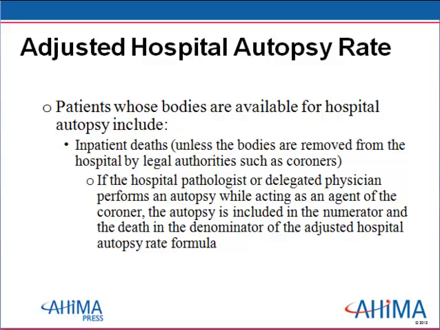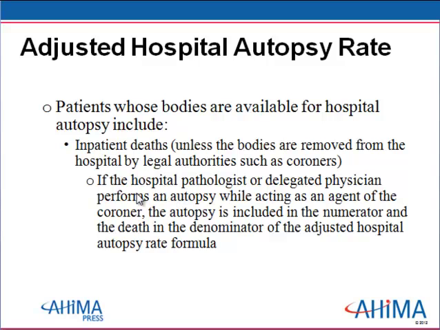Patients whose bodies are available for hospital autopsy include inpatients, unless the bodies have been removed from the hospital by legal authorities such as the coroner or the medical examiner.